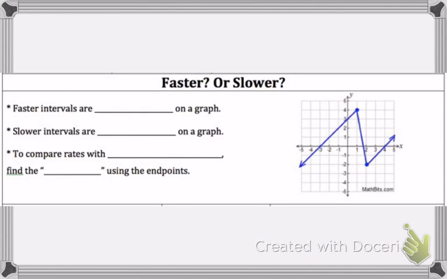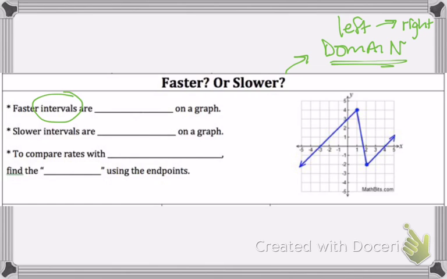Okay, faster or slower. This is also going to be written as domain. So when I mentioned in class that we write most things as a domain, that's what I was talking about. Range is only used for range. Domain ideas, the left to right, is going to be used for any time that you see the word interval.